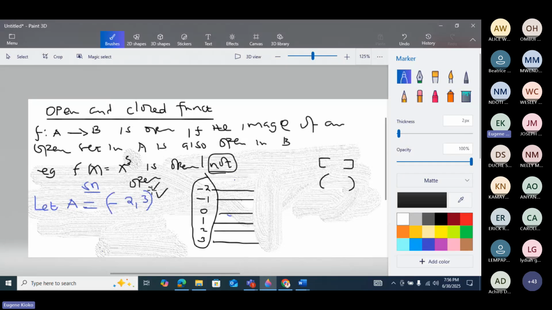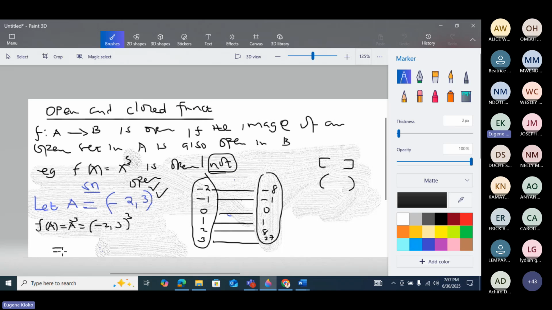We change so that f of x equals x cubed. Therefore, my set will be minus 2, 3, again, cube. So if I cube here, minus 2 will go to minus 8, and the others go to their cubes.